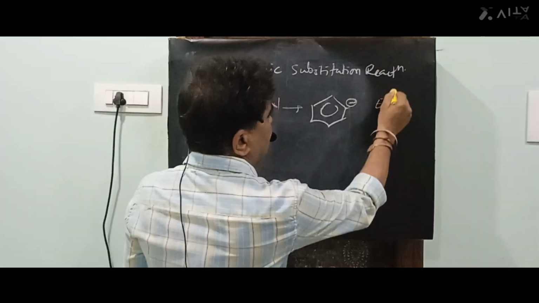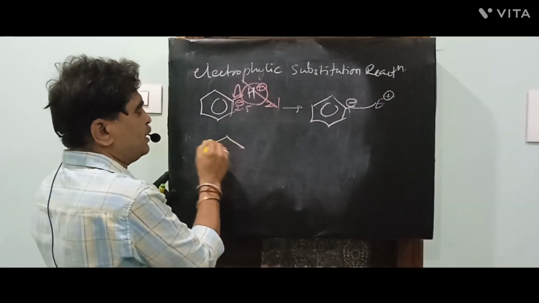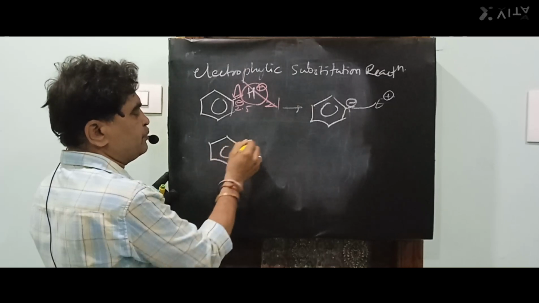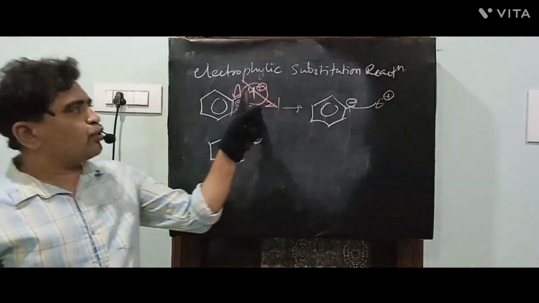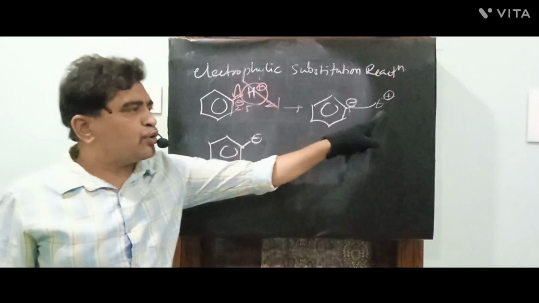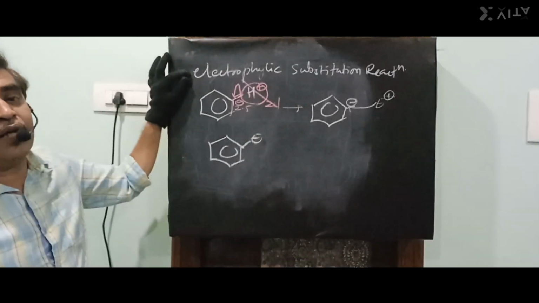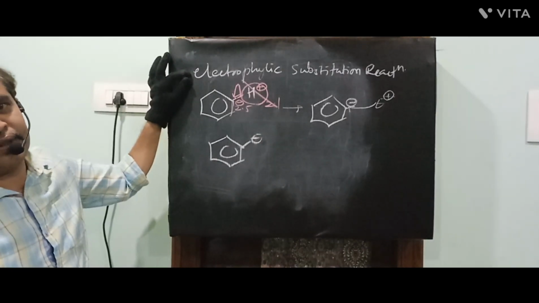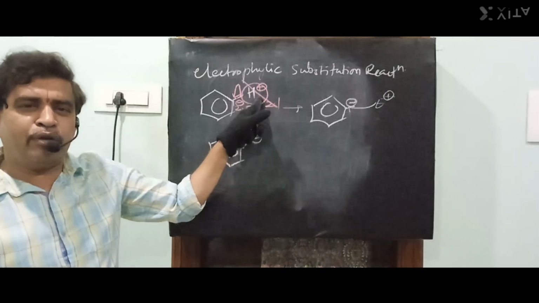One electrophile is attached to the carbon, a bond is formed, and one compound is formed. So in this reaction you observe the electrophile is eliminated and an electrophile is substituted. Such types of reactions are called electrophilic substitution reactions.